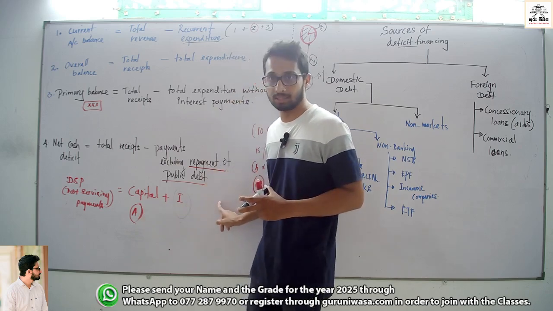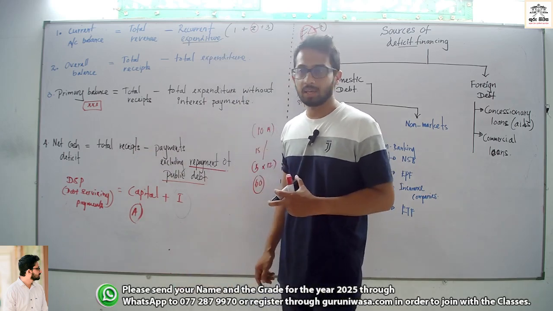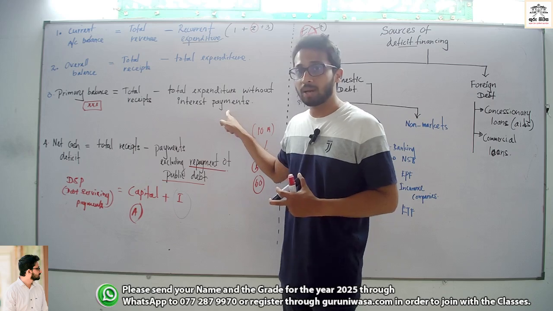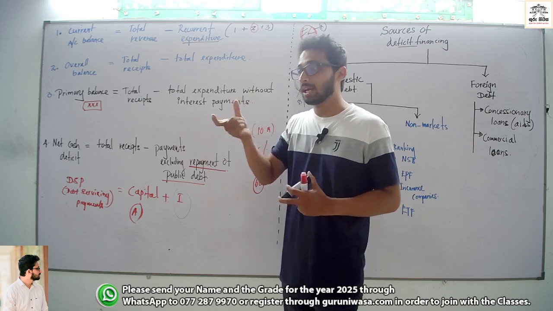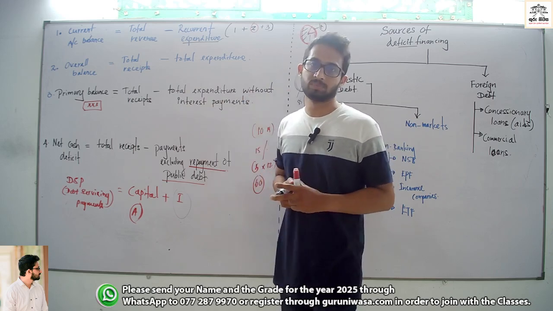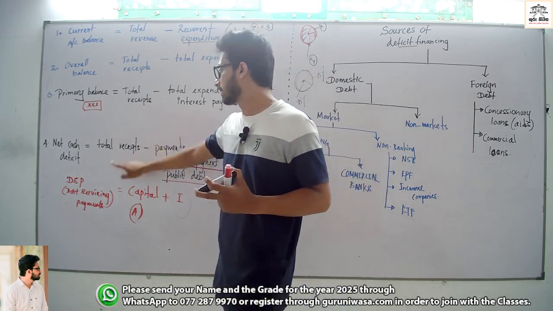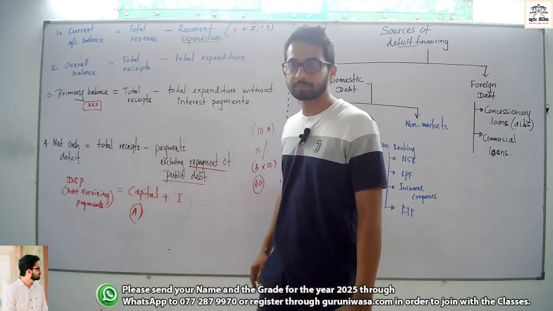Both are deducted when calculating net cash deficit. But when calculating primary account balance, we deduct only the interest part which is included in the loan installment. Are you okay? That's the main difference between primary account balance and net cash deficit.